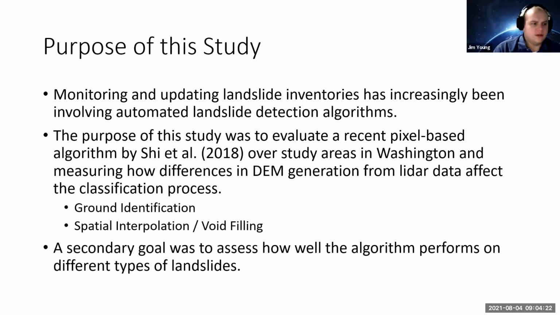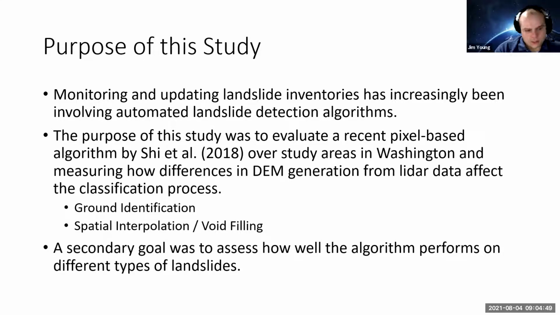So the purpose of this study was to evaluate a recent pixel-based algorithm by Xie et al. in 2018 over study areas in Washington State, and measure how differences in DEM generation from LiDAR data affect the classification process. These three methods center around ground identification method, and spatial interpolation / void filling.